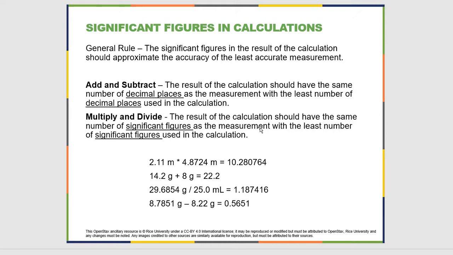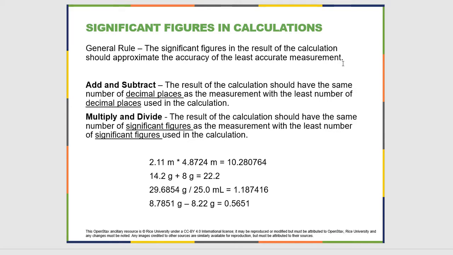So there are some general rules for significant figures in calculations. The general rule, which is not very helpful, but just to give you an idea of where we're going, is the significant figures in the result of the calculation should approximate the accuracy of the least accurate measurement.